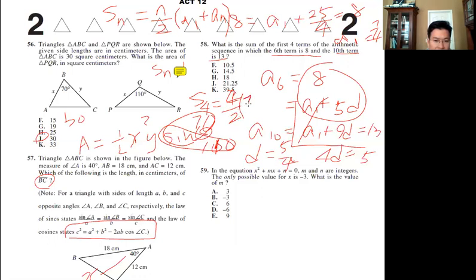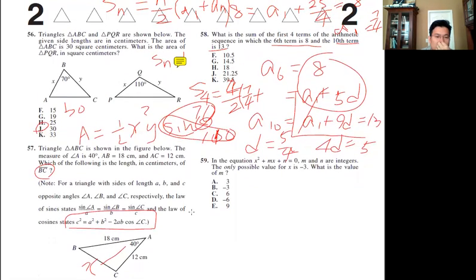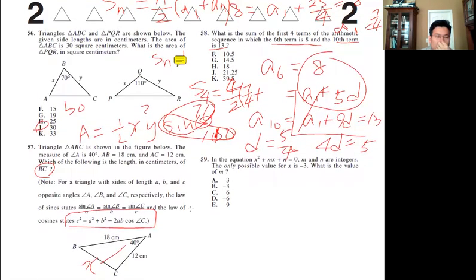First term is 7 over 4 plus the last term, this fourth term, A4 is A1 plus 3 times D. D is 5 over 4.